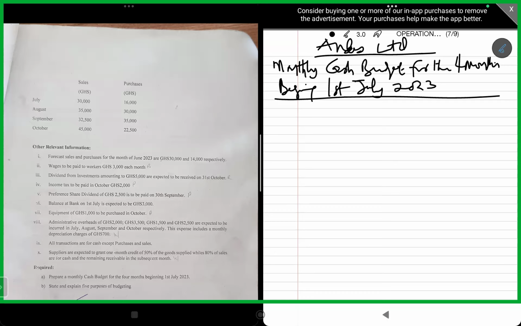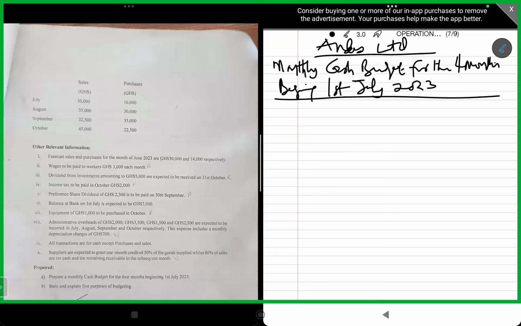Preference share dividend of 2,500 Ghana cedis is to be paid on 30th September. Balance of bank on 1st July is expected to be 3,000 Ghana cedis. Equipment of 1,000 Ghana cedis to be purchased in October.